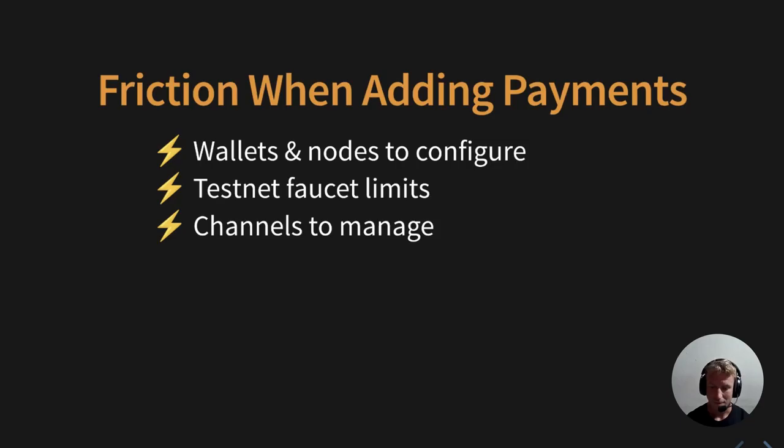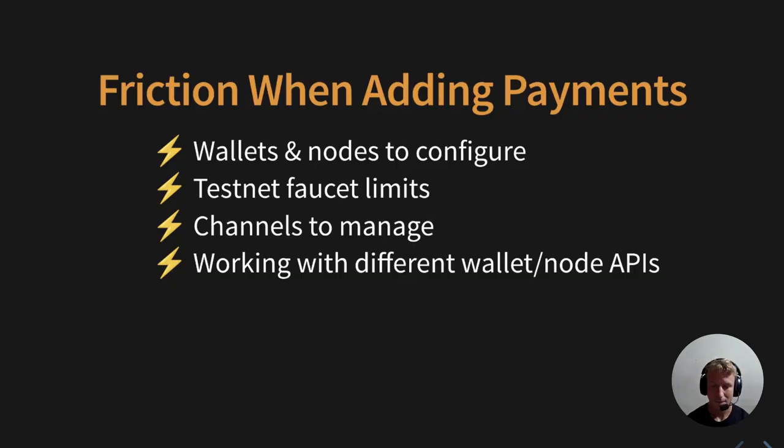Same if you're going to run an actual self-custodial Lightning node, then you need to use channels. But when you're actually building your app, we don't want to have to worry about channels. And there are all these different wallet APIs, different Lightning nodes like LND, LDK, Eclair, Core Lightning.